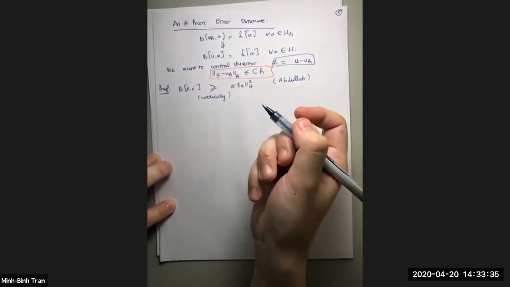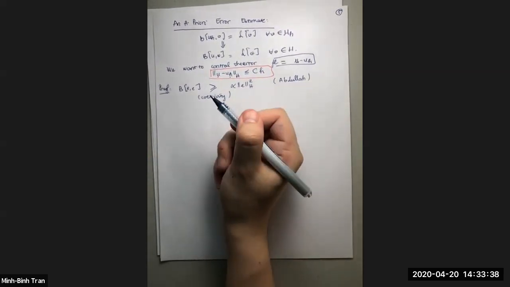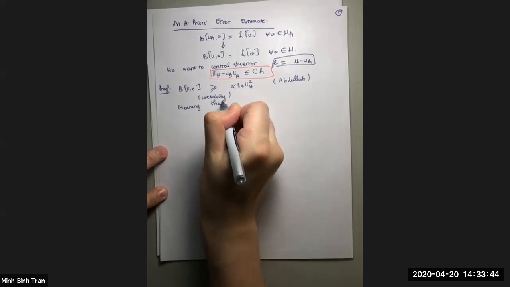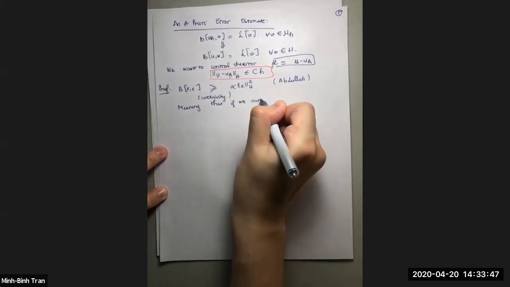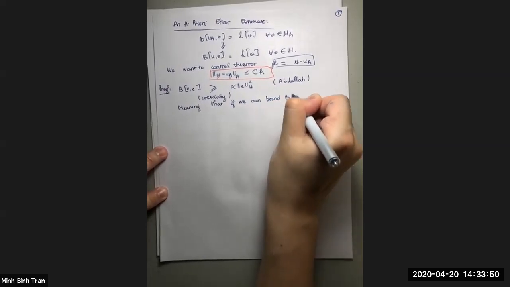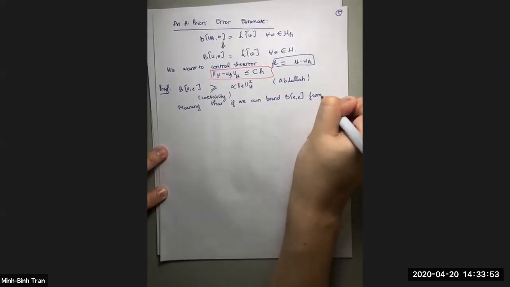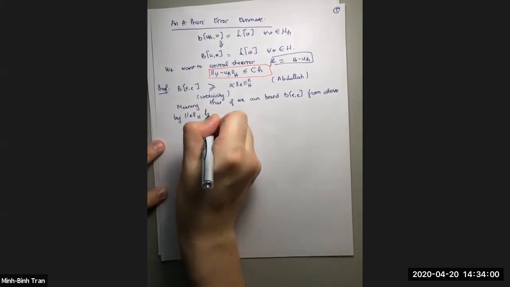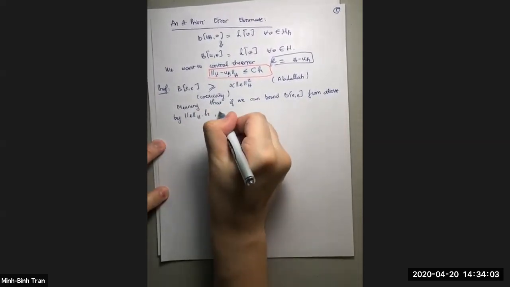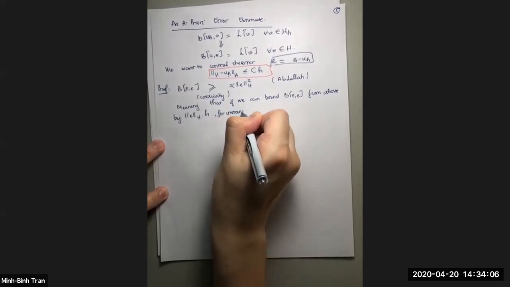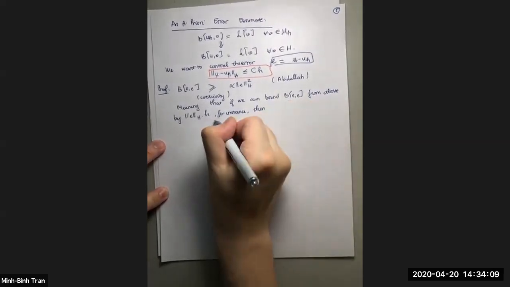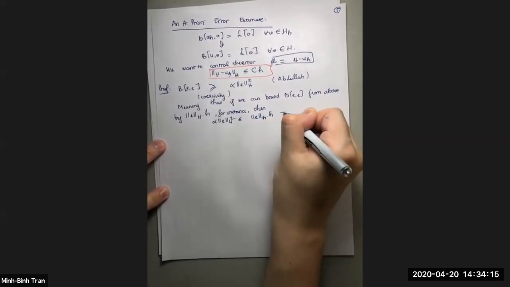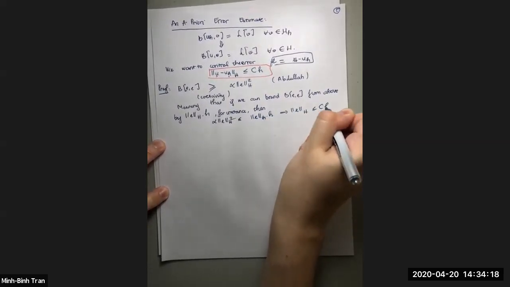Which means that if we can bound it from above by E times h, for instance, then you're going to have E smaller than CH, right?